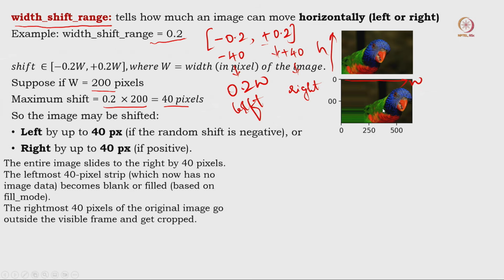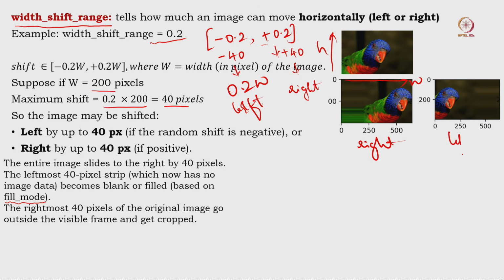Now, when the image is shifted right by 40 pixels, the leftmost part will be empty. When the leftmost is empty, you have to fill it. How are we going to fill those blank spaces? The blank spaces are filled using a parameter called fill underscore mode. Similarly, when you go towards the left side, this is shifting right and this is shifting left.